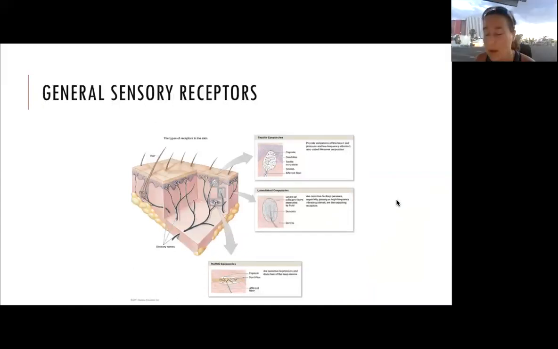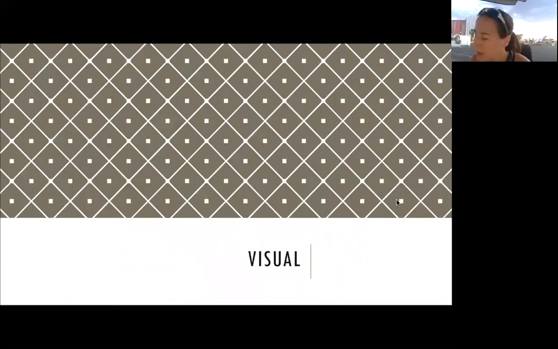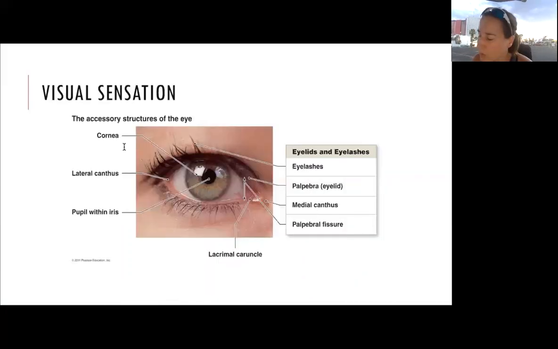Vision is going to be the last part of this, sight, and so we need to know the parts of the eye. So we have the eyelashes, which are on the outside, along with your eyelids. You are going to have your cornea, which is the clear window into your eye.